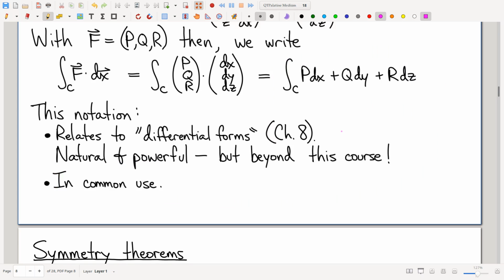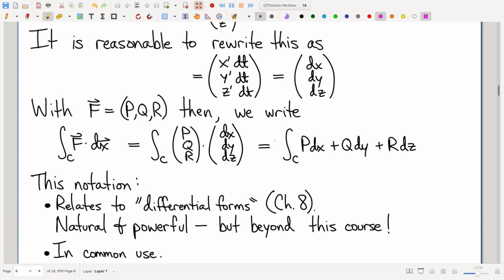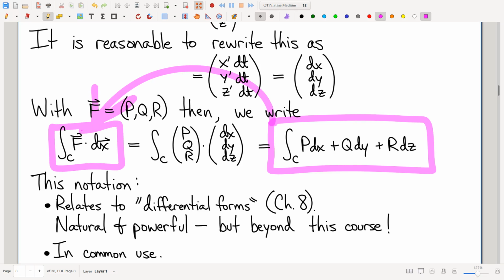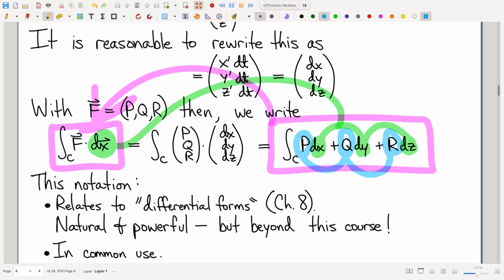I want you to make the realization that when you see this notation, realize the following three things. They're talking about a vector line integral. All this business about dx, dy, dz is just kind of a fancy way of representing the dx vector. And these seemingly disconnected integrands are the coordinates for the vector field f that they're doing a vector line integral of.